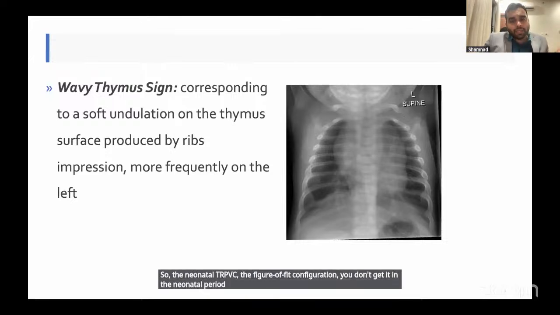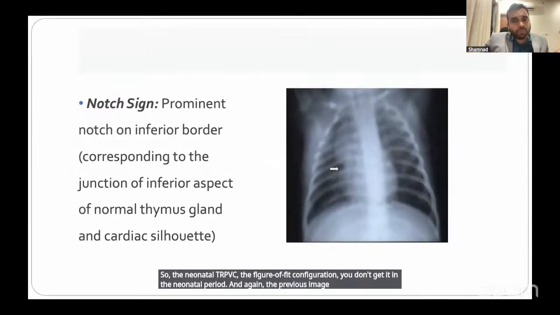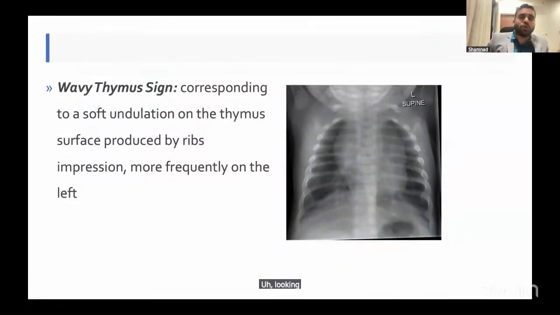And again, the previous image was looking like a consolidation type of lesion. It can present like a mediastinal mass.